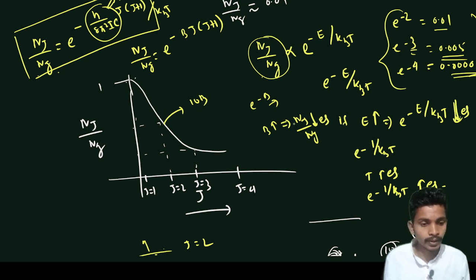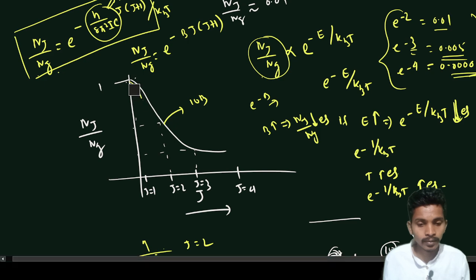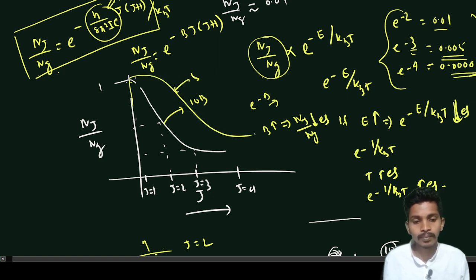If B increases, then this ratio decreases more. This curve is for 5B; for 10B, if B increases, this value decreases. But if B decreases, then this value increases.